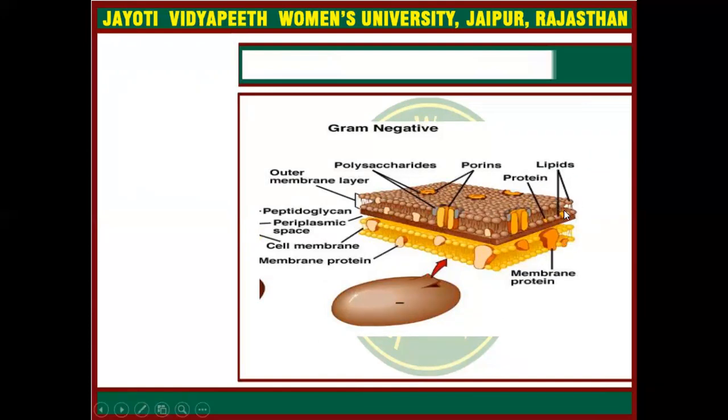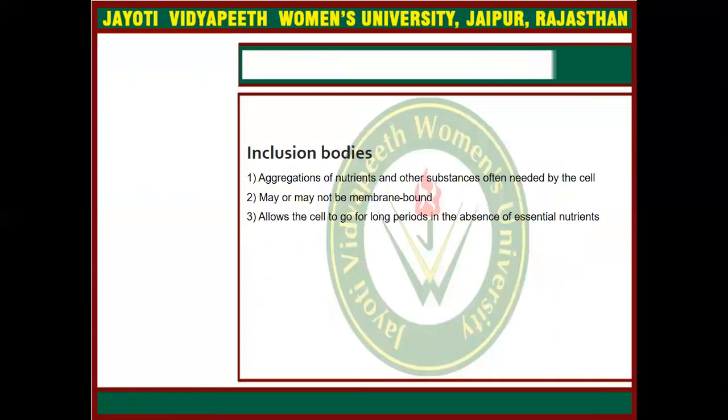In the peptidoglycan, there are some lipids embedded inside it. One more important thing is that some gram-negative bacteria may also have a capsule-like structure outside the gram-negative bacteria. We will discuss the capsule in our next video.